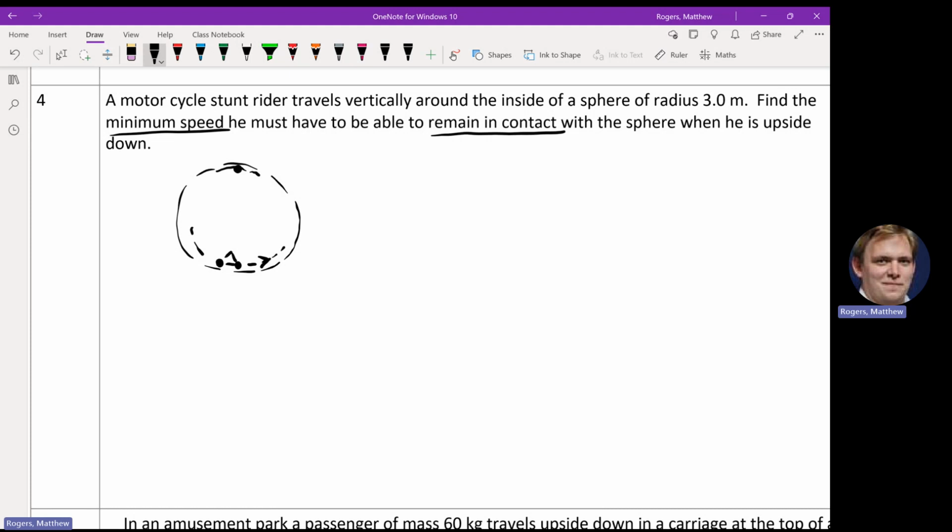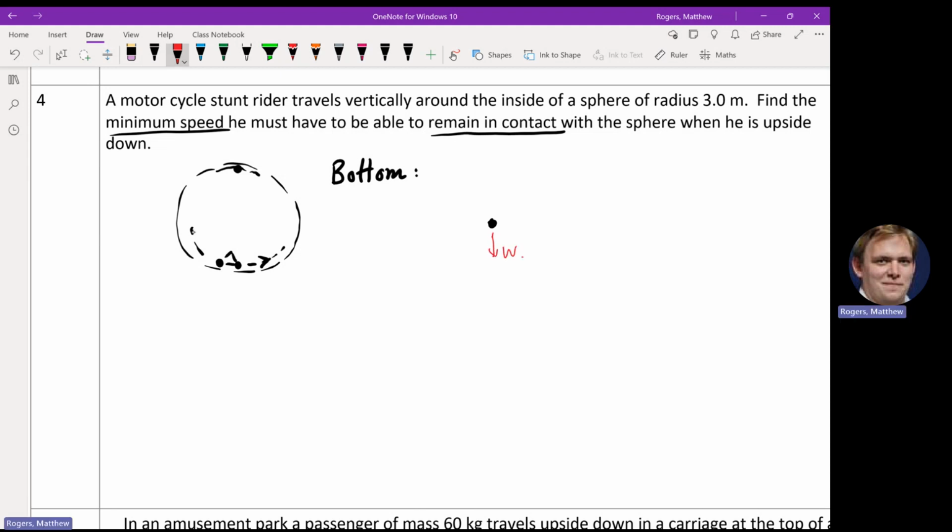So what's going to be helpful is to think about some free body force diagrams. To start off with, I'm going to think about the one when he's at the bottom. Down here, his weight force is acting downwards.